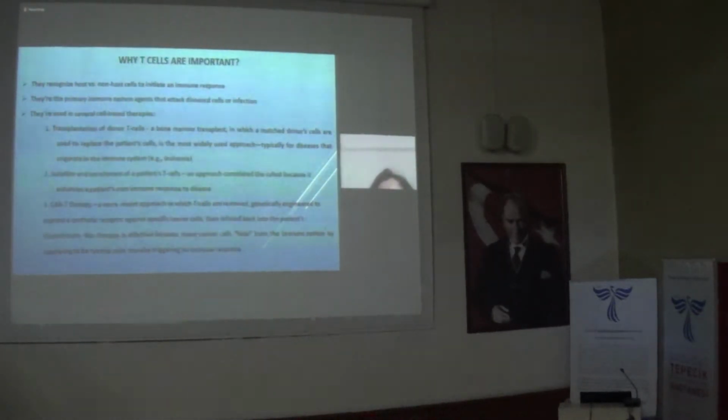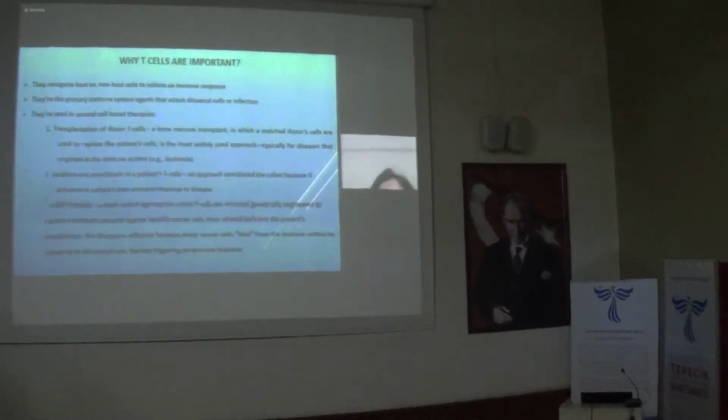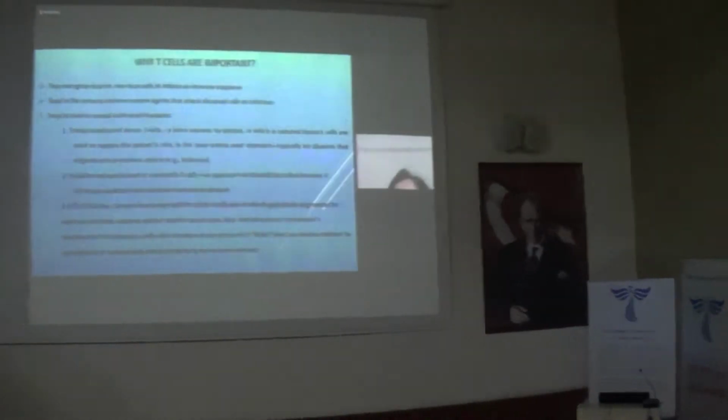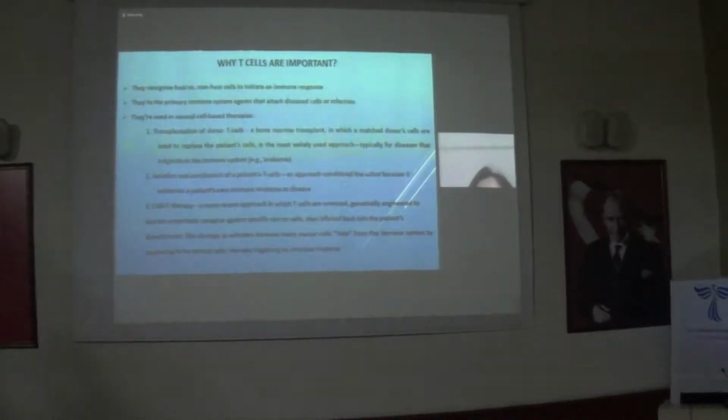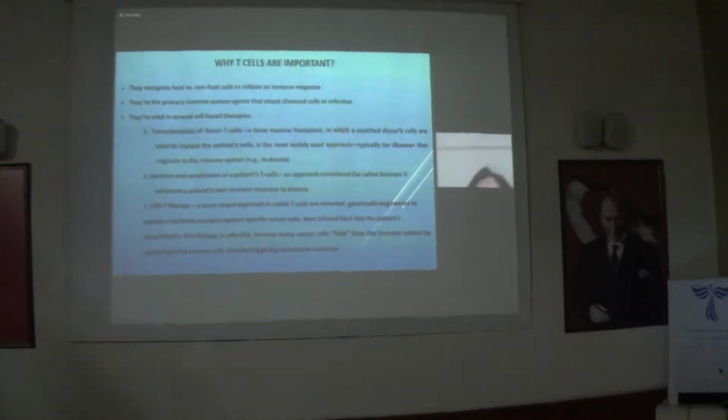Next is the CAR therapy, a more recent approach in which T cells are removed, genetically modified to express a synthetic receptor against specific cancer cells, and then the genetically modified T cells are infused back into the patient's bloodstream. This therapy is effective because many cancer cells hide from the immune system, appearing to be normal cells, thereby triggering no immune responses.